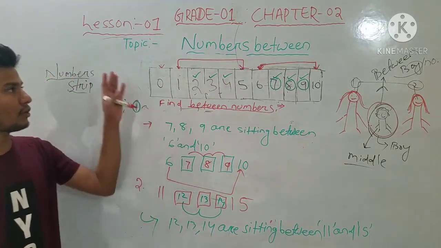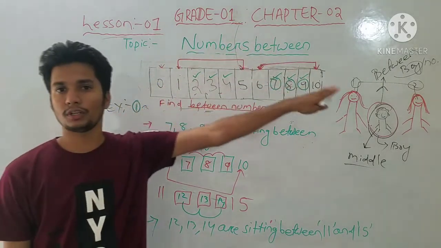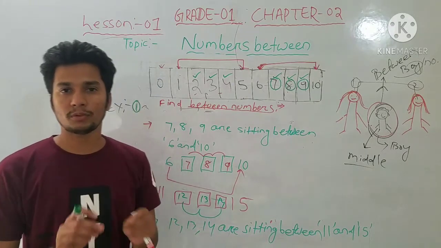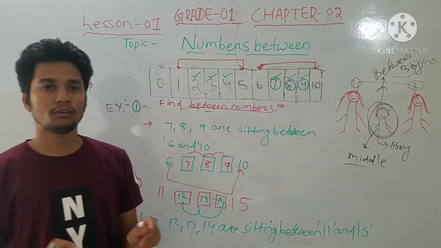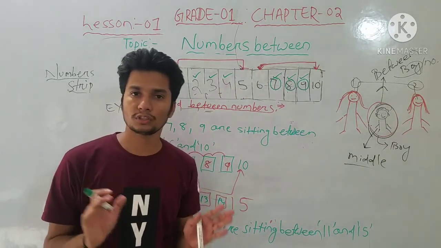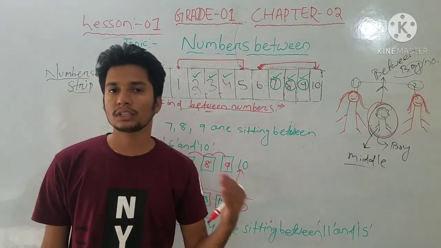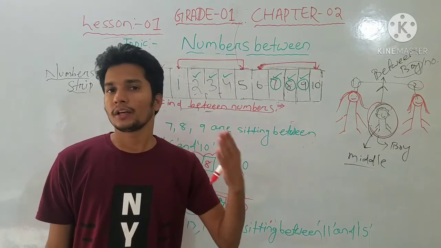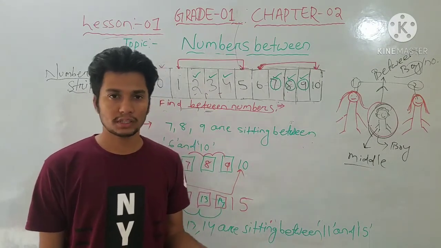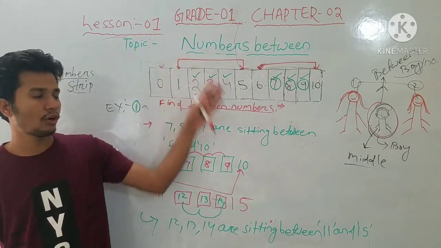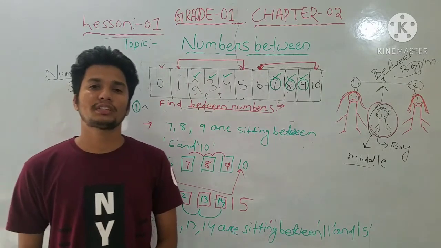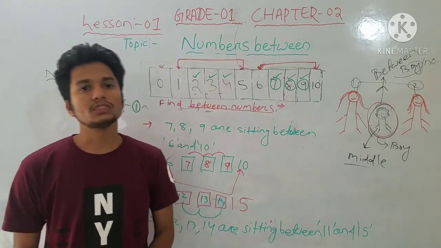So this is the rule about numbers between. If a number strip is given, and the question asks to find out the numbers between, then we can easily find the numbers between by counting forward. Okay students, I hope all of you understood properly. So thank you very much students. Take care.